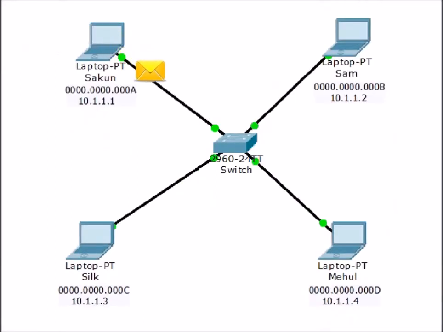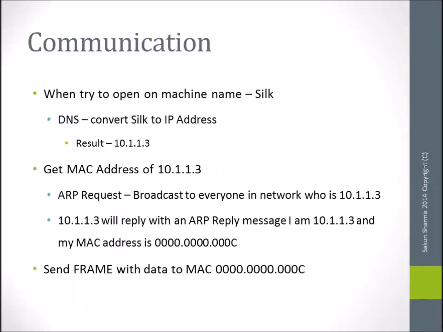Let's take an example that machine Sakun wants to send some data to machine Silk. Now when machine Sakun tries to open machine Silk over the network, the first thing machine Sakun will do is try to get the IP address for machine Silk, because it's a name, and networks cannot understand names.